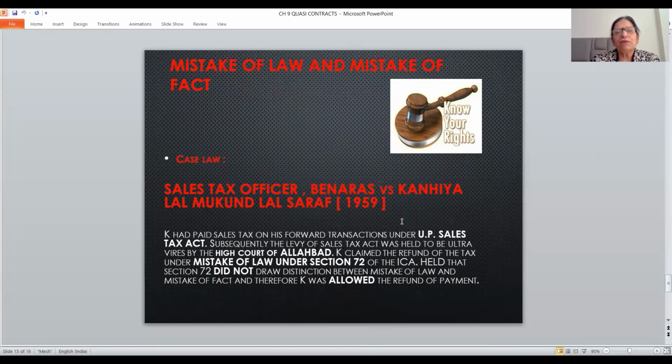Take the example of goods when they are detained under coercion. Say A, consignor of Delhi, has consigned goods to B of Mumbai, consignee. The goods have reached from A to B through a railway company.